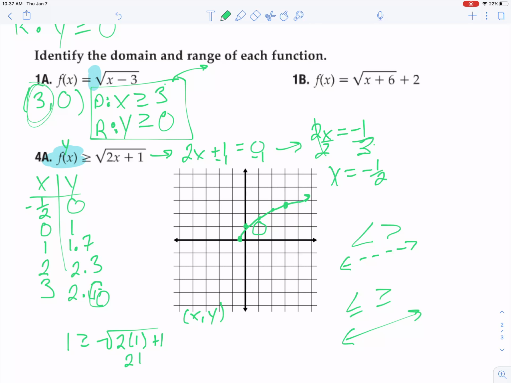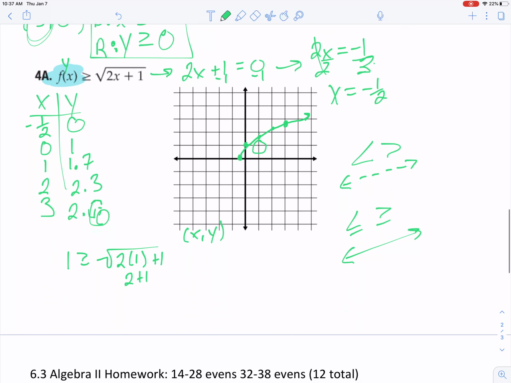And let's simplify. And let's see, the square root of 3. It's a decimal. I'm not 100% sure what it is, but it's 1.4-ish or something like that.